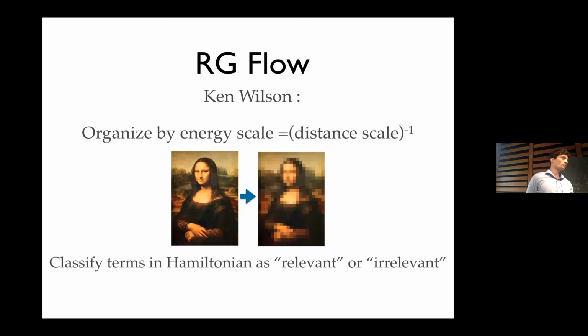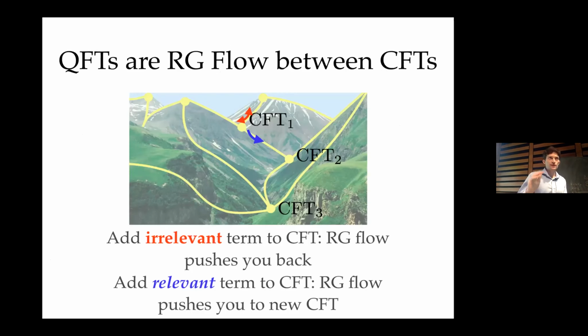That is, do they become more important at low energies? Or are they irrelevant? That is, do they become less important at low energies? And quantum field theories are just RG flows. They're just points on RG flows between conformal field theories. So now we start to see CFT re-enter the picture. Okay, so quantum field theories are points along RG flows, and the endpoints of those RG flows are CFTs.